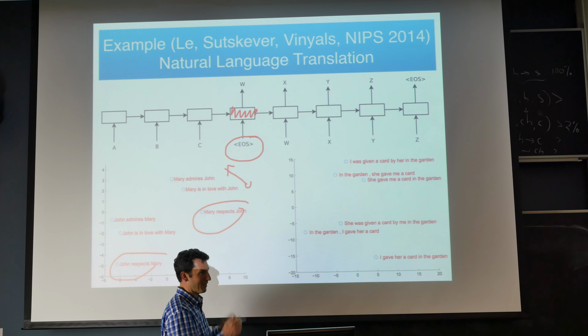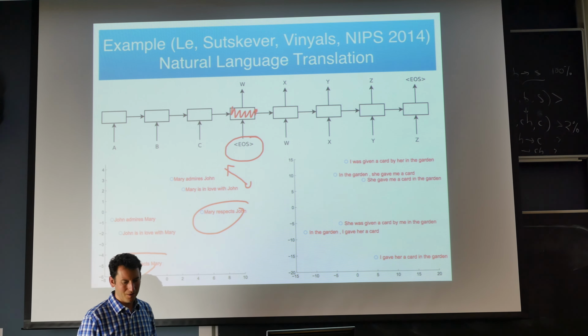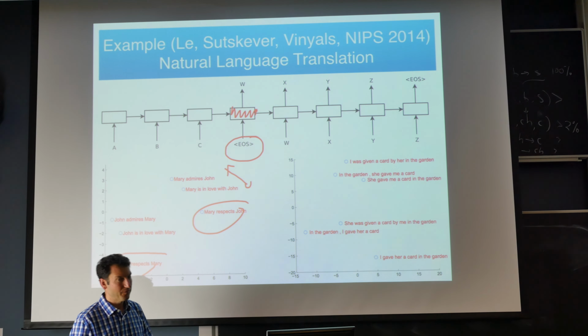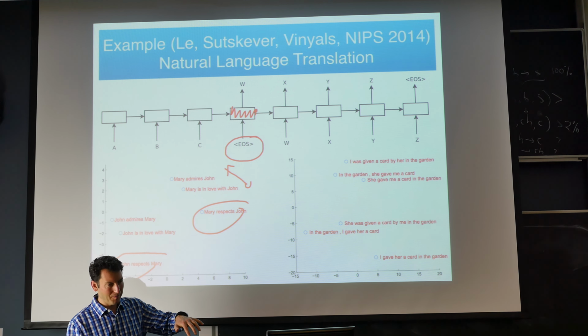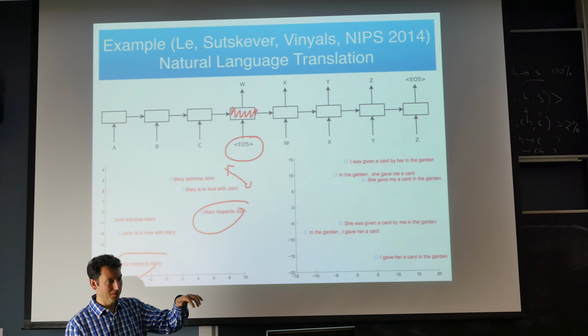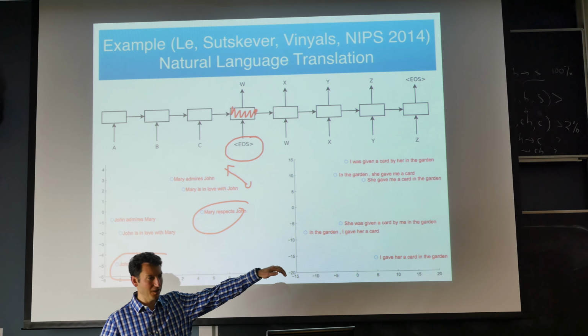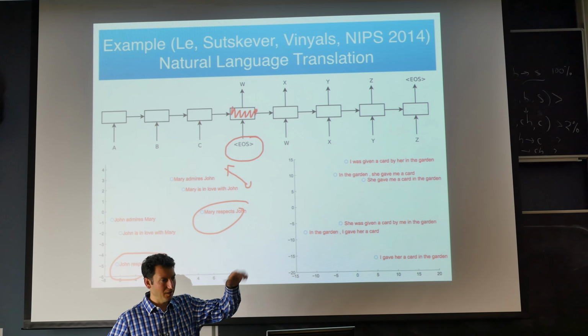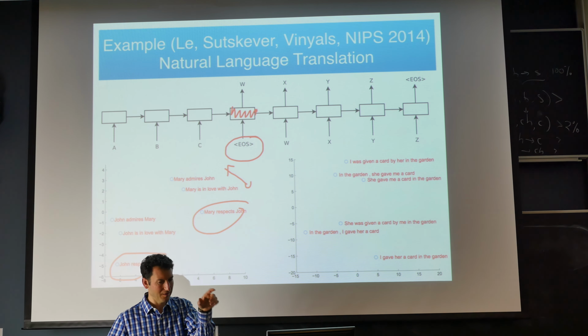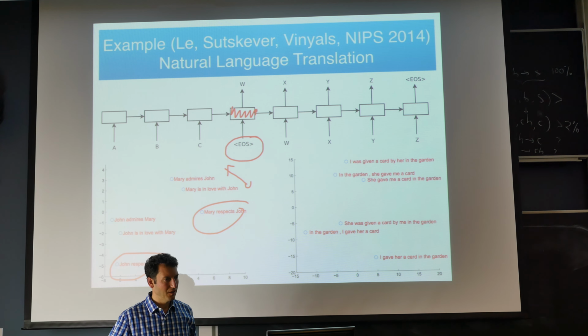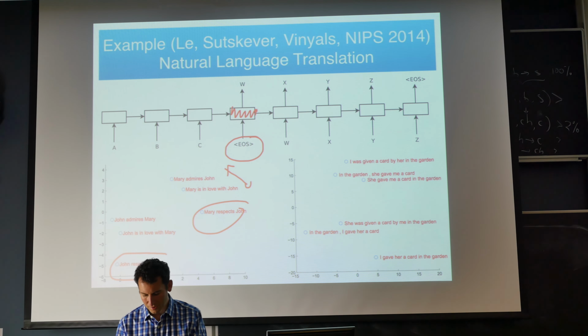Well, forget about it, right? What you can actually do is have a similar mechanism where you have a window that moves over the input sequence and then uses this to emit the corresponding output. So it's a nice model that Kyunghyun Cho and co-workers came up with that actually works a little bit better.